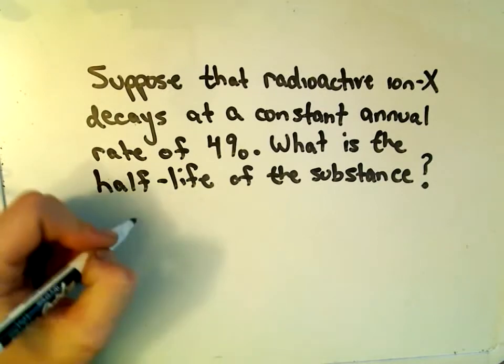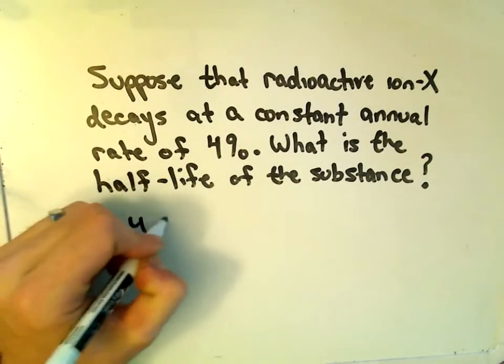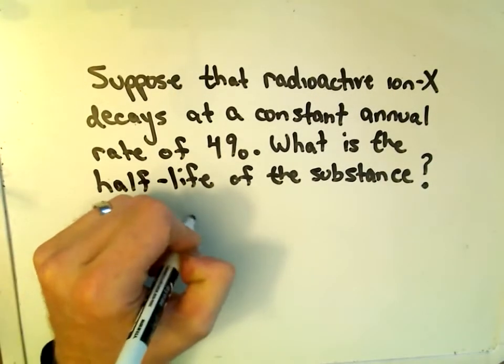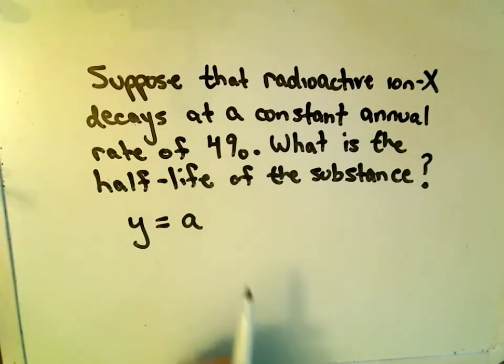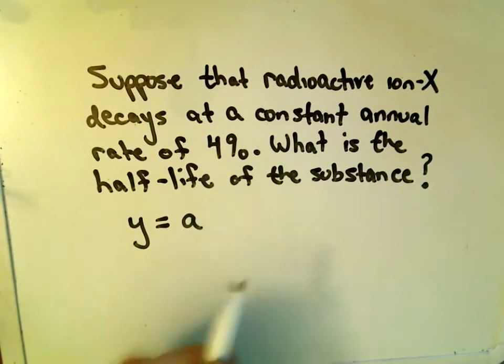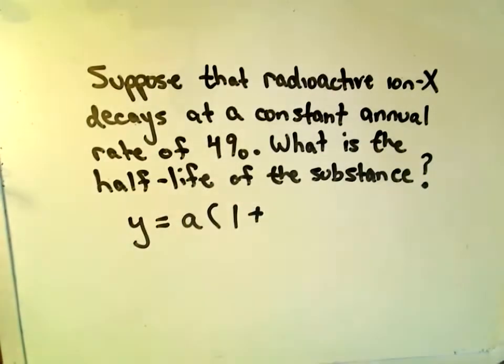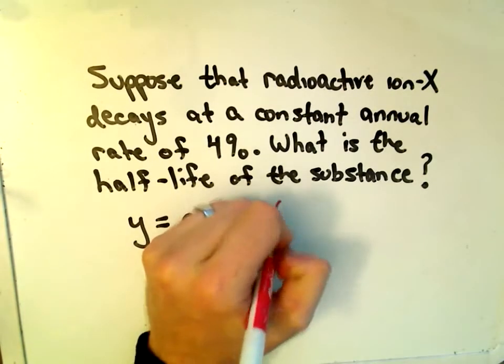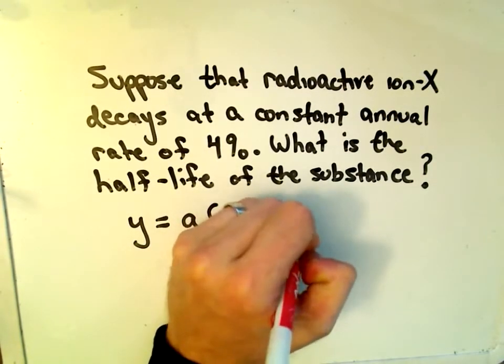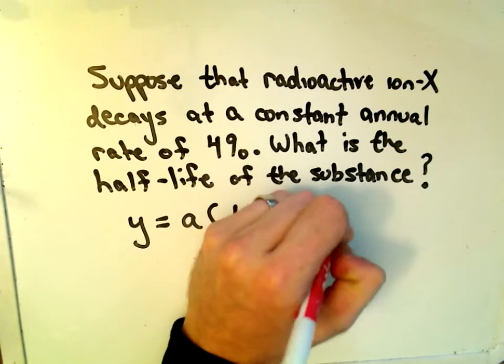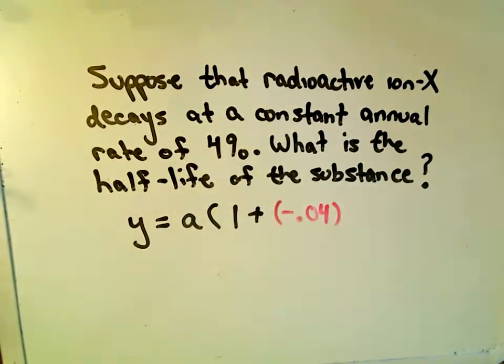So I know the general form of my equation is going to be the initial amount. Well, in this case, we don't have an initial amount given. We'll just call it a. Now, the rate in this case is that it decays at a rate of 4%. So that means that our annual growth rate is actually negative 0.04.